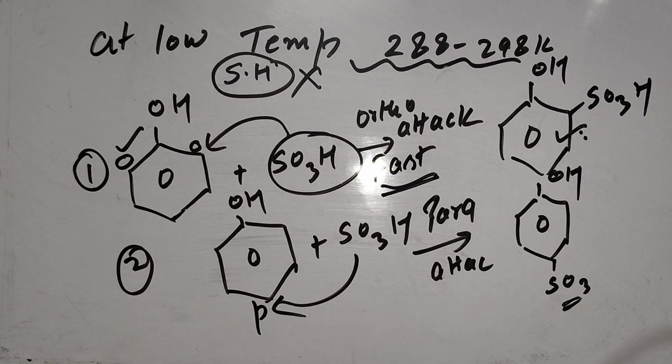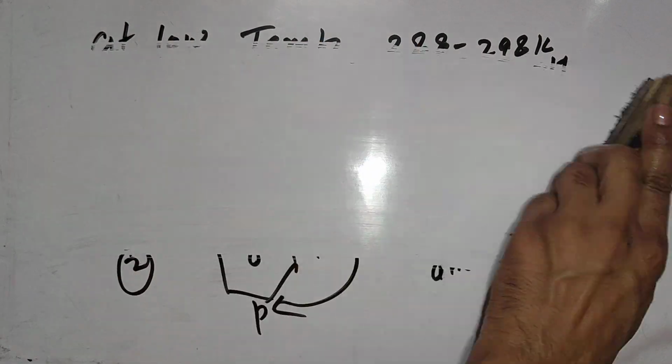Now, what is thermodynamically controlled? For that, first you need to understand the meaning of thermodynamically controlled product. As I already said to you, the product which contains less energy in it, that will be thermodynamically controlled product.